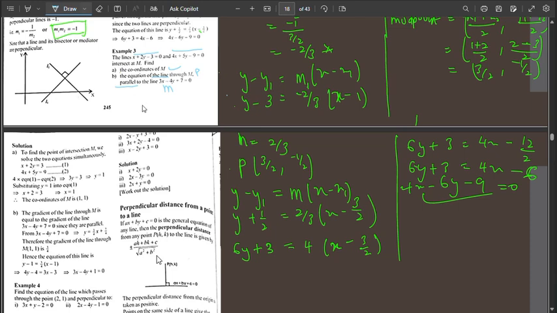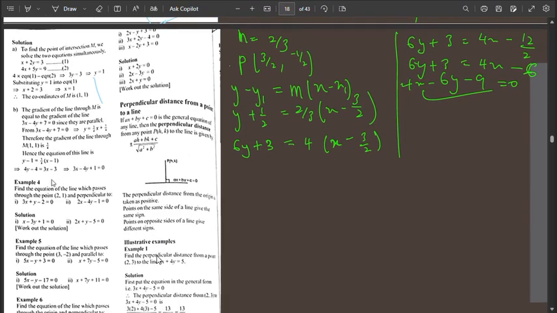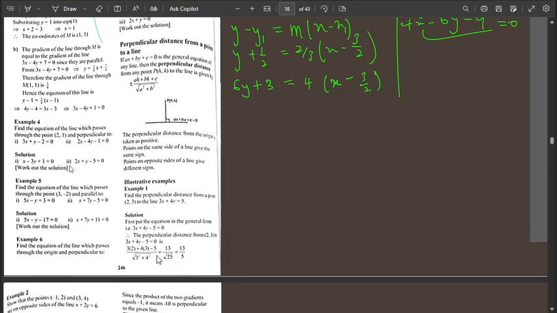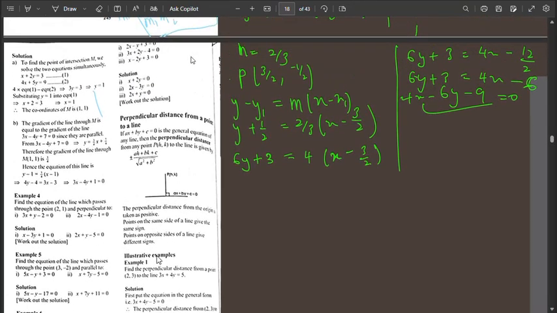When lines are parallel, they have the same gradient. It means here, we won't use m1 times m2 is equal to -1. We use this for perpendicular lines. Here they are parallel, so m1 is equal to m2. This is what we use for parallel lines. So you can solve it, and then you can try some other examples here, 4, 5, 6, and then yeah, that's all for perpendicular and parallel lines.